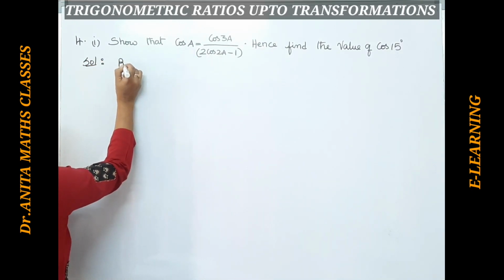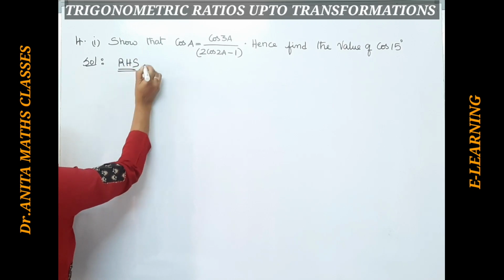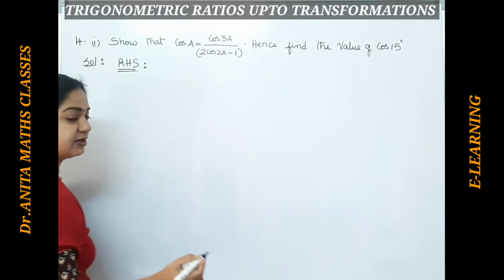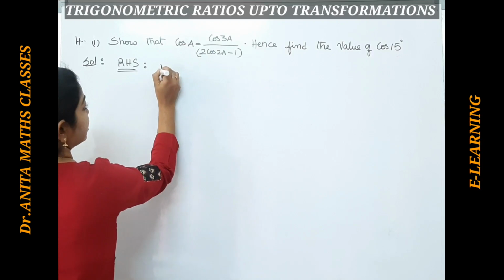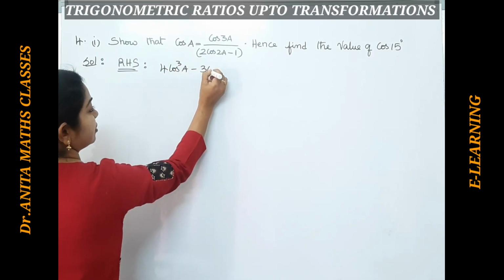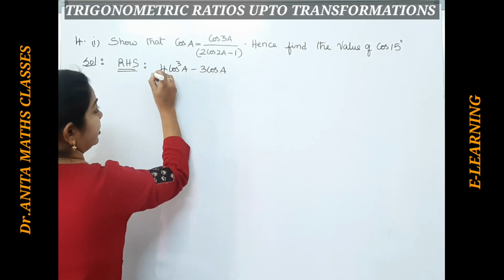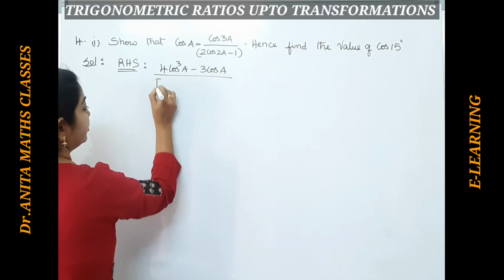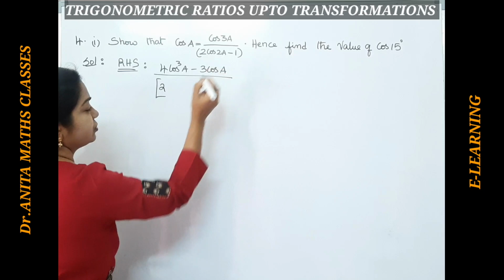So I'm taking the RHS first. Cos 3A, we will write the formula of cos 3A. It's nothing but 4 cos cube A minus 3 cos A, divided by 2 cos 2A minus 1.